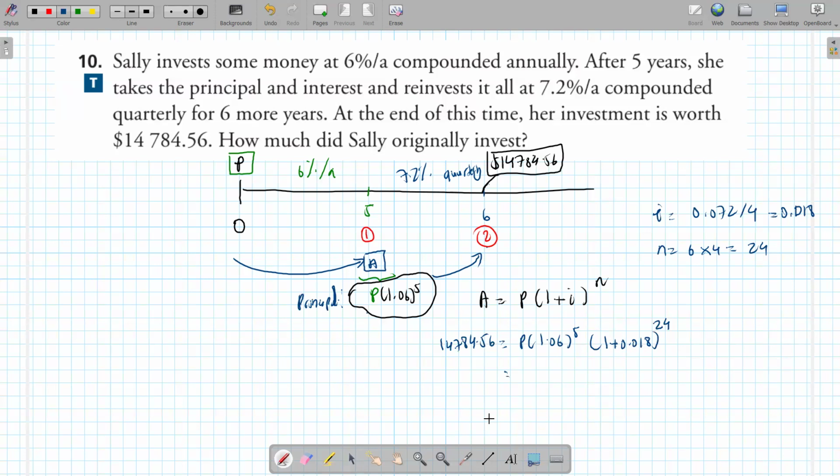So 14,784.56 divided by 1.06 to the power of 5. Whatever answer I get, I need to divide that by 1.018 to the power of 24. So that gives me a final principal amount of $7,200. And there we go. So you definitely have to sketch it if there's multiple events like these, okay?